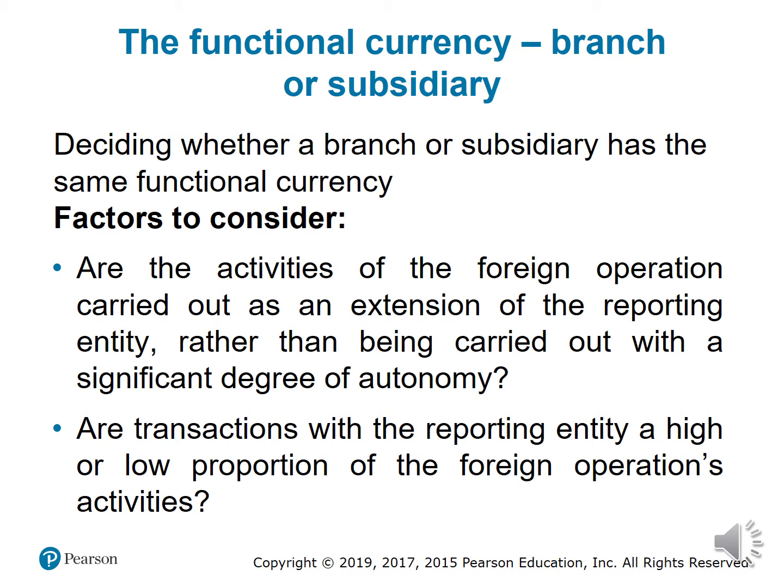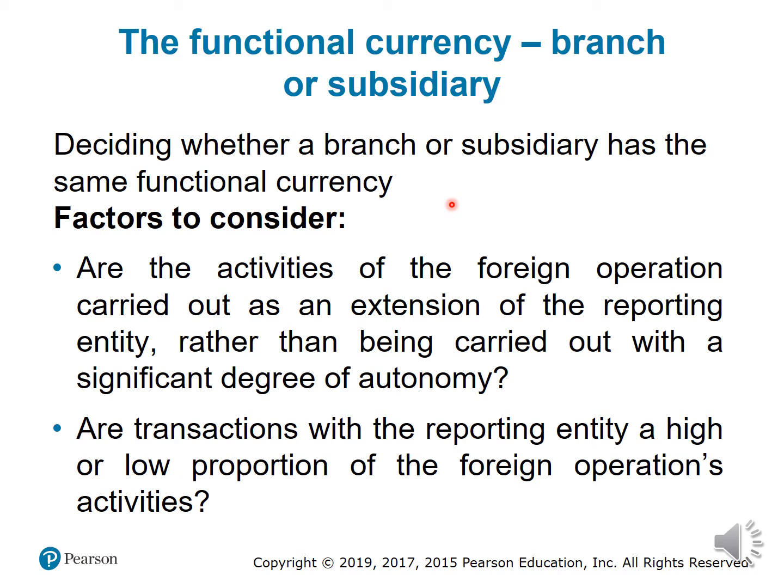So the functional currency of the branch or subsidiary and the presentation currency of the parent company can be the same or can be different, right? So it depends on some factors. Okay, so what are the factors?